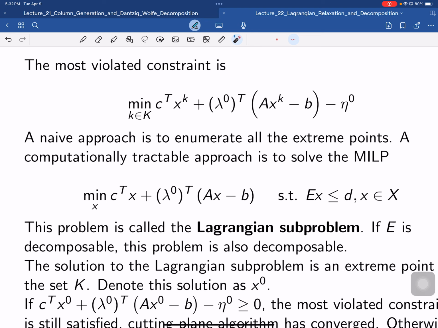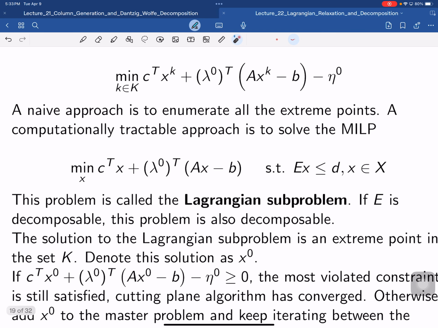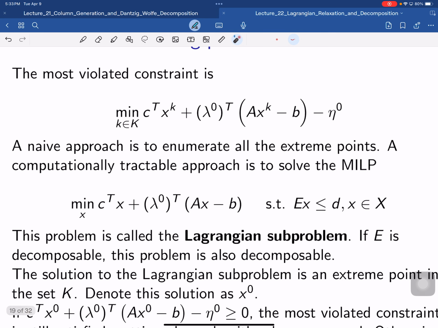So the Lagrangian subproblem is an MILP, and it can be decomposable. So this is key to the Lagrangian master problem and subproblem. Okay, let's pause here a little bit to see if people have any questions.